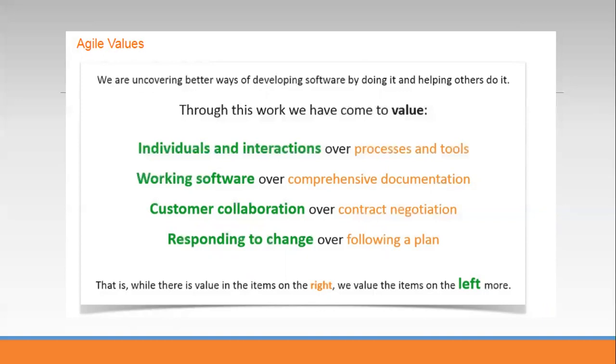It means that we give preference to the green, but it doesn't mean that red is not valuable, right? So we cannot completely discard waterfall if it is working for you. Go ahead, do follow waterfall. It doesn't matter. But the Agile Manifesto gives more value to the things on the left, which are in green.